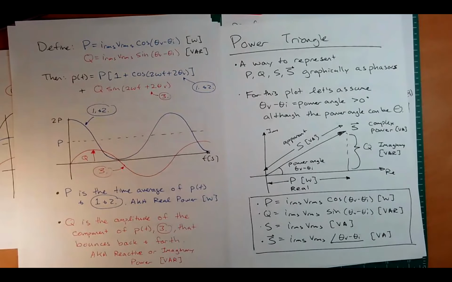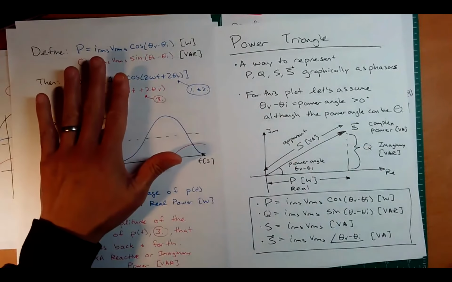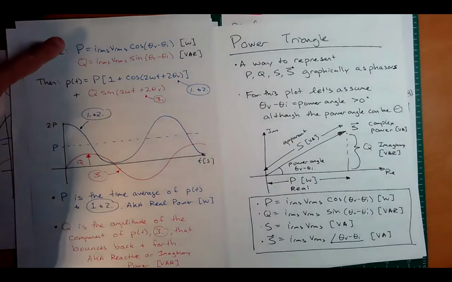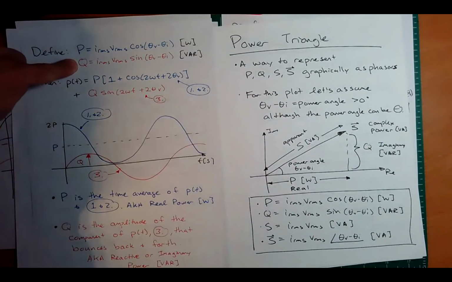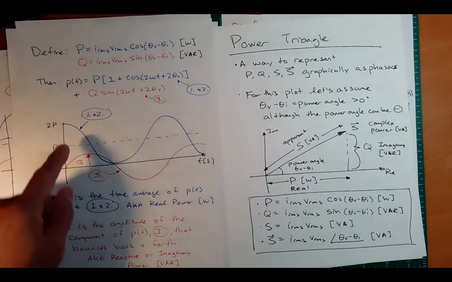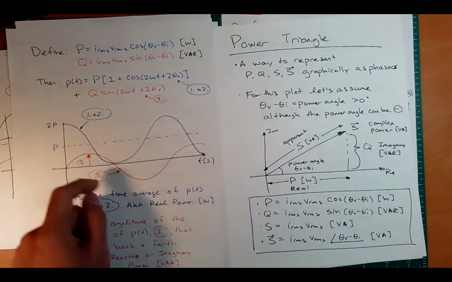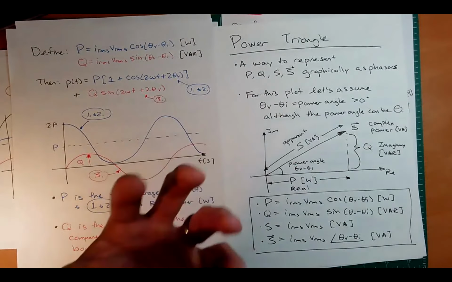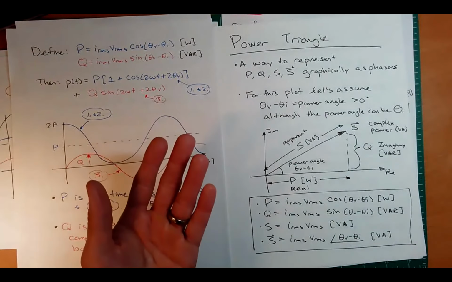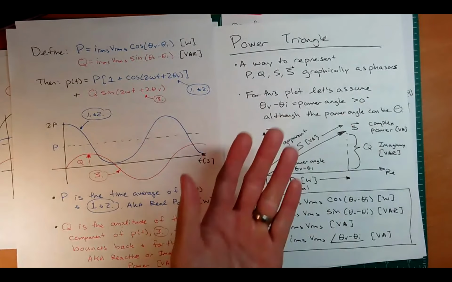Okay, all right, good. So we have the power triangle. We have an idea of the instantaneous power. We have real power, which is the average of the instantaneous power. And we have the reactive power, which is what? The reactive power is the amplitude of the component of the instantaneous power that bounces back and forth. And this S is kind of like the total available power, the apparent power that could be chopped up between P and Q. Can you guys imagine that?